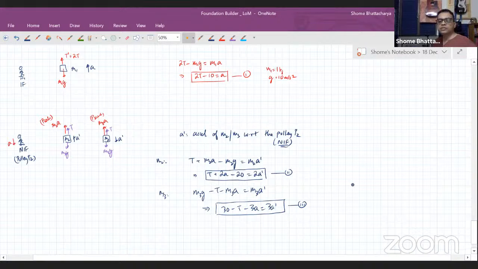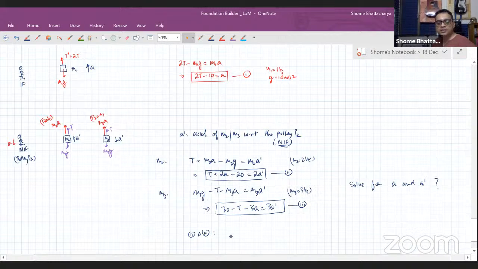Now I will solve these three equations for A and A prime. So what I can do is I can add the second and third equation. That will get rid of T. Now this was because M2 was 2 kg, and this was because M3 was 3 kg.